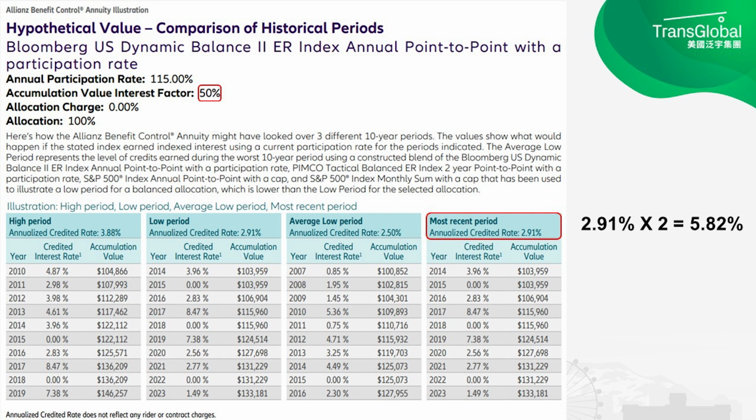Their average of the most recent 10-year period is 2.91. But that 2.91 is only 50% of your real index return. So you times that by 2. That is how we get the 5.82 average return of the Allianz ABC index.